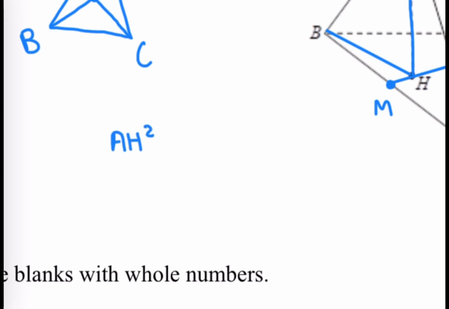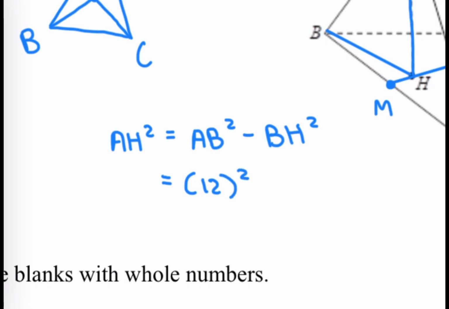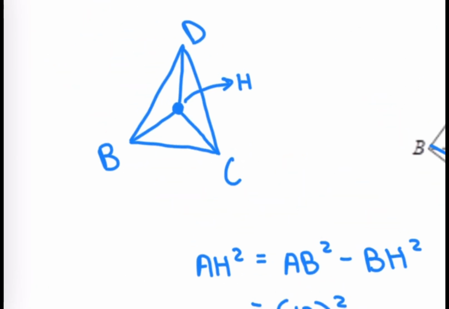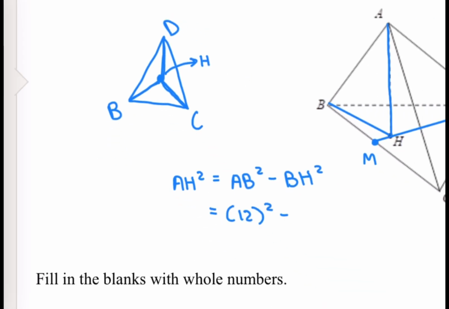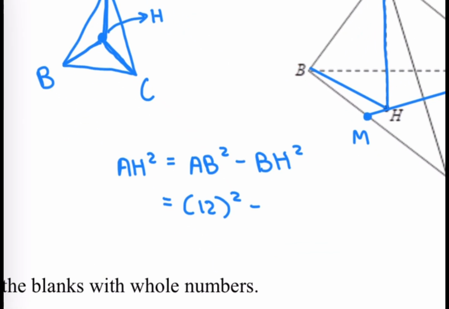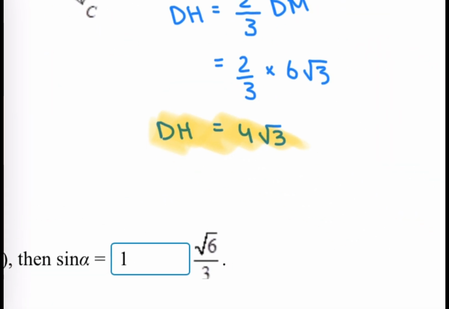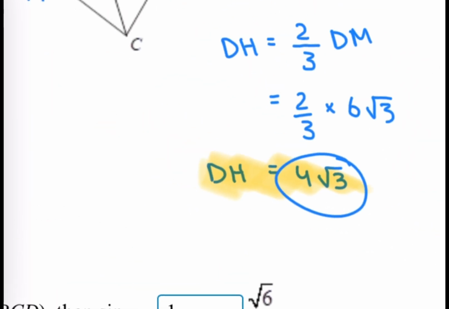AH squared is equal to AB squared minus BH squared. Okay, AB, we already know that it's 12 because each edge length is 12, minus BH. Like I said here, all of these are the same distance. So that means that BH is equal to DH, which is 4 radical 3.